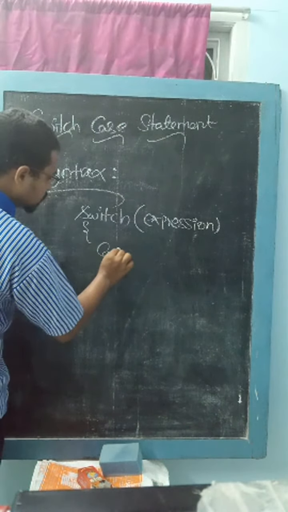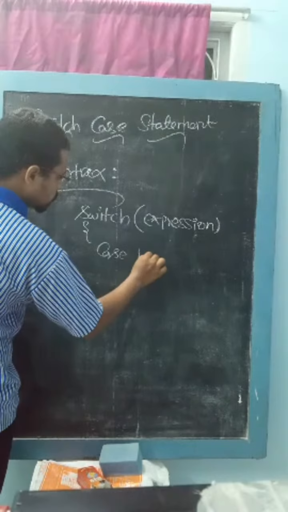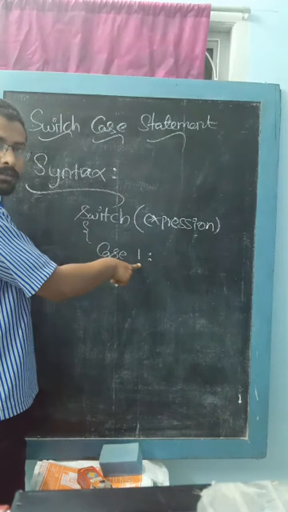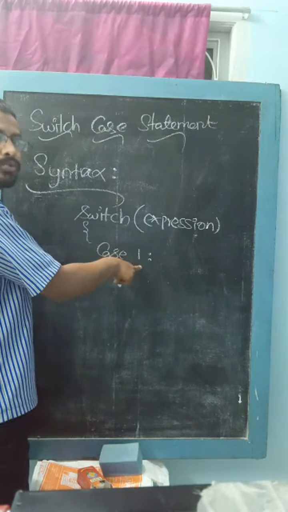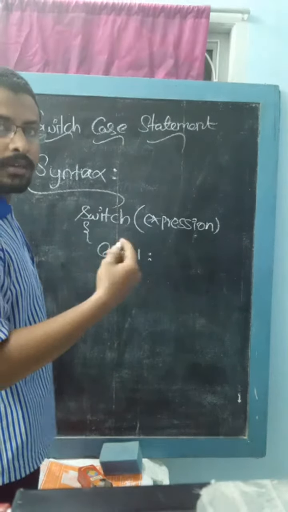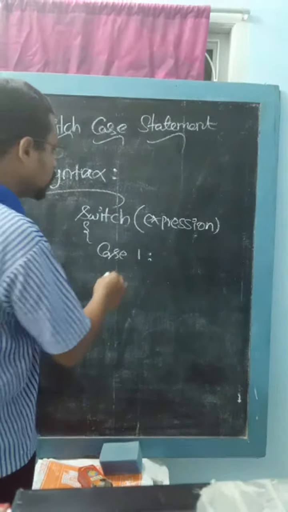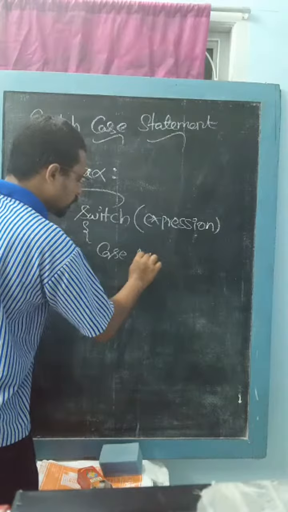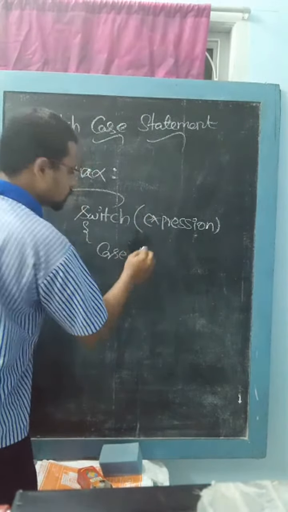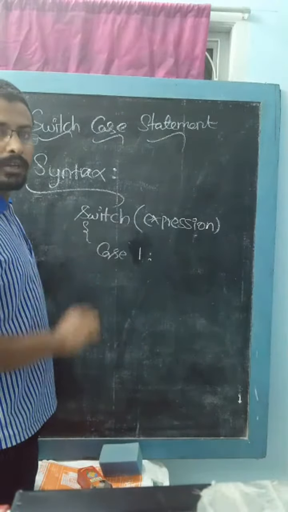Okay, case 1, and you can use here integer or character. You can only use integer and character. Both are integral types, right? You can use case A, like that, and you can use numbers.